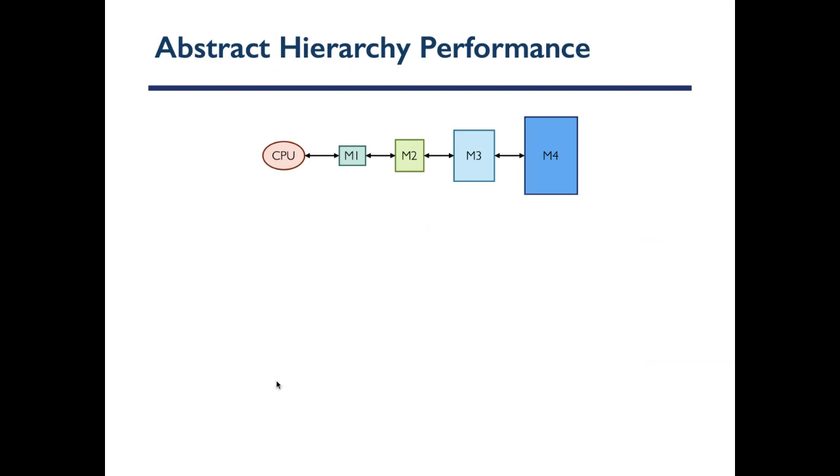So to do that, let's look at the formula for average access time and see if we can now extend it to multiple levels of caches. We just saw it for one. If you have only one level of cache, it would be hit time plus miss rate times miss time. Now, if you have a hierarchy of caches, so your CPU is connected to M1 and then M2, M3, and M4, which are different levels of caches, then consider the miss time at level X. If you miss in M1, what is the miss time?